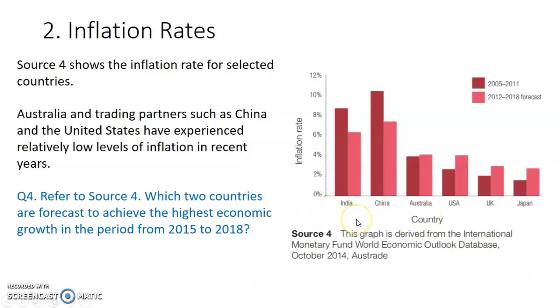So India, 2005 to 11, 2012 to 18. So inflation is decreasing, looks like. However, in Australia it may increase, USA is increasing, UK is increasing, and Japan is increasing. So it is going down in India and China because they are producing, they have lots of manufacturing in their country, so that's why the inflation rate is going down.